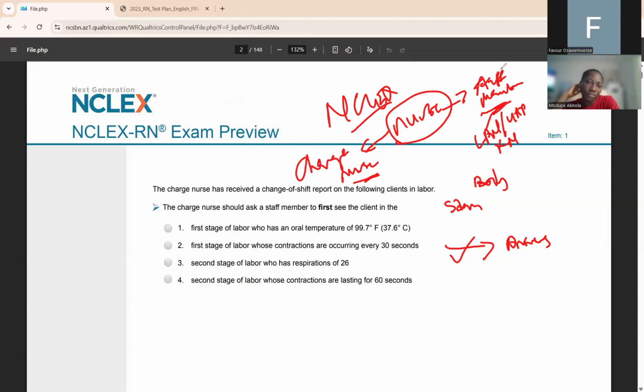Now, so that is it. When you want to take the NCLEX exam, this is what I have seen many times that sometimes makes me ask myself, why is it that that particular student wants to be a nurse? Because when I ask, what are your roles as a nurse? Many students struggle to even mention one, and I'm like, you said you want to pass the NCLEX exam, and you barely even know your role as a nurse.